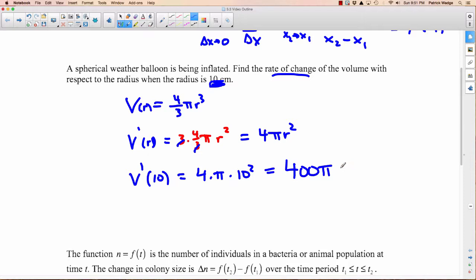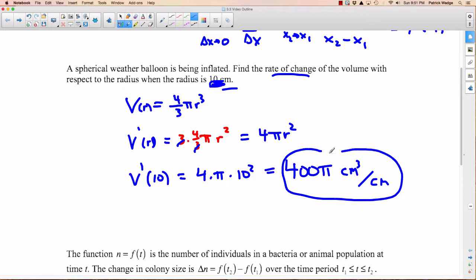And yes, we do like exact answers. You could multiply that out to get a decimal, but this is a beautiful, exact answer. Now, what are the units? We're getting the rate of change of the volume. Volume is in centimeters cubed, with respect to the radius, which is just in centimeters. So this is your answer right here.